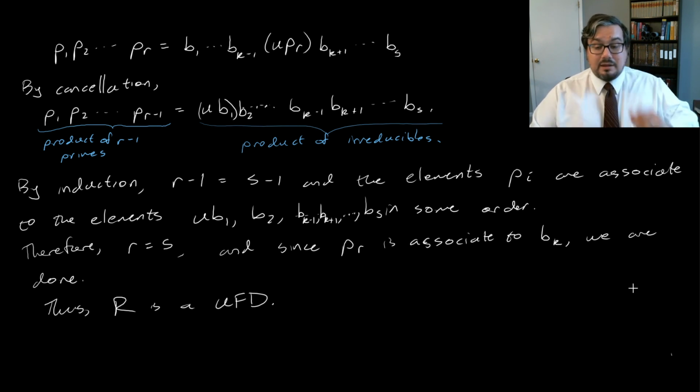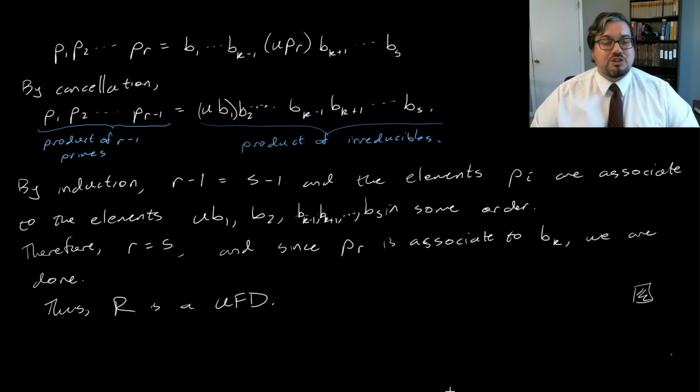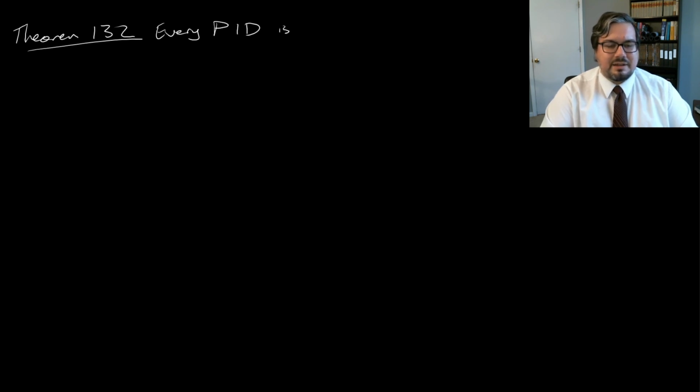We can use this fact that the unique factorization domain condition can be defined in terms of primes in order to show that every principal ideal domain is a unique factorization domain. So that's Theorem 132, which tells us that every principal ideal domain is a unique factorization domain.